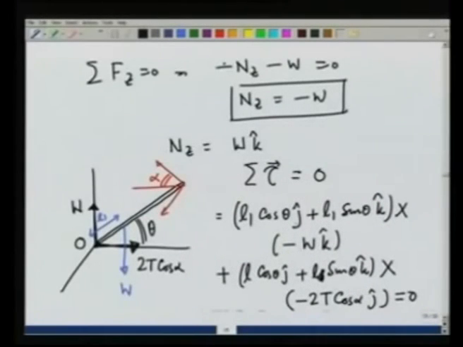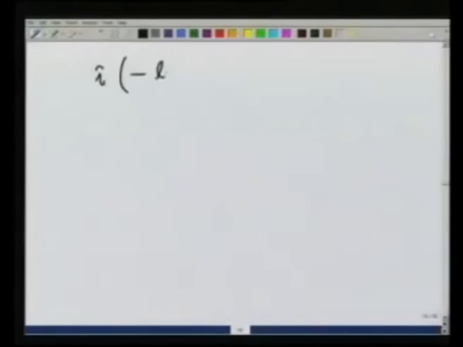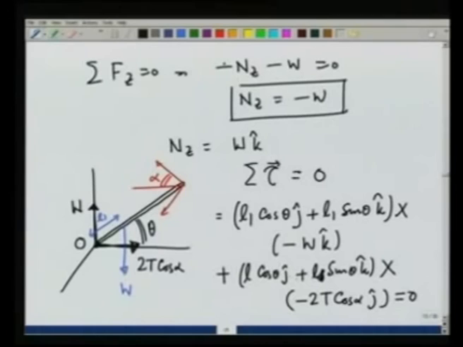The first term is going to give me j cross k, which is i, L1 cosine theta times W. So, first term gives me i minus L1 W cosine theta. The second term, k cross j is minus i.